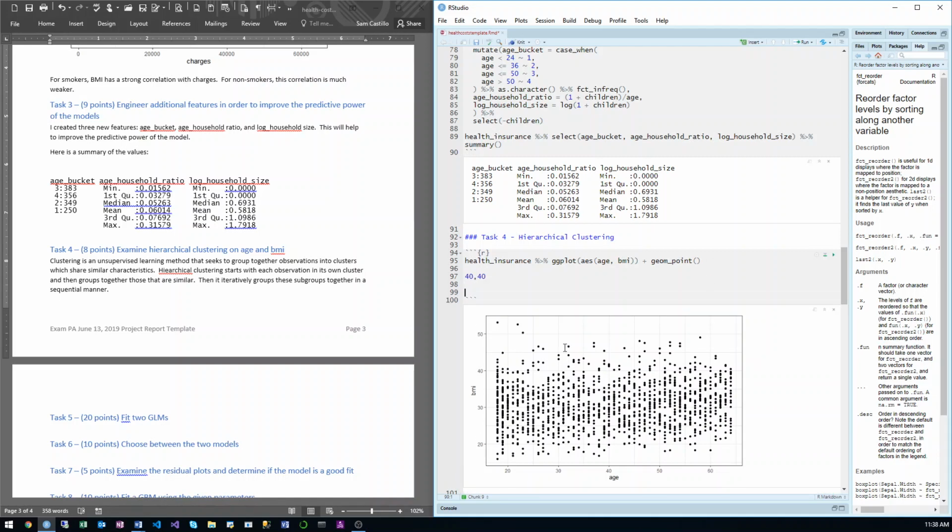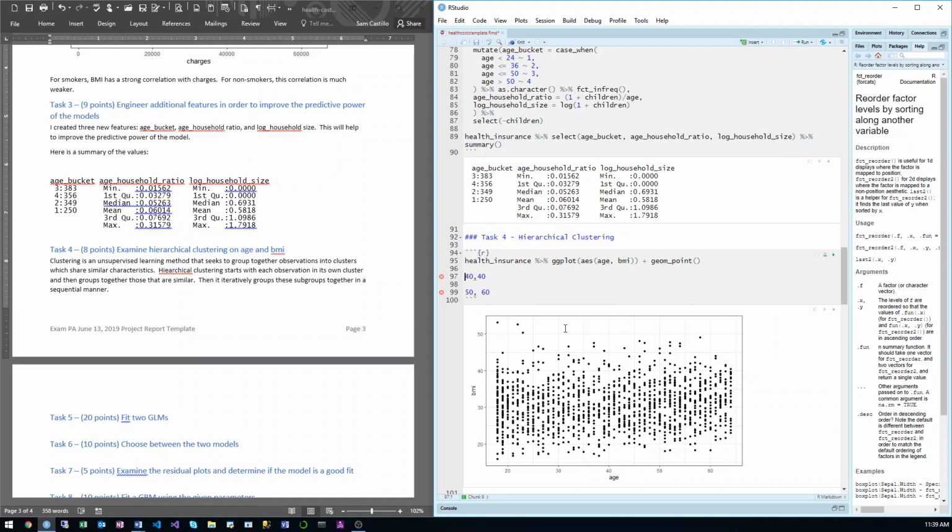And then let's look at this point over here. BMI is equal to about 50. Age is equal to about 60.